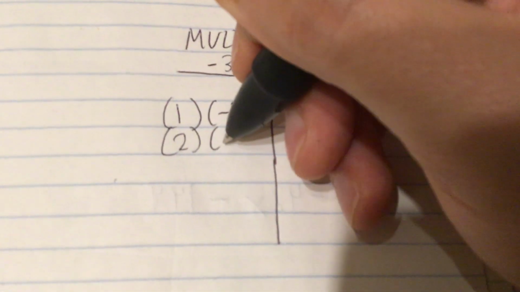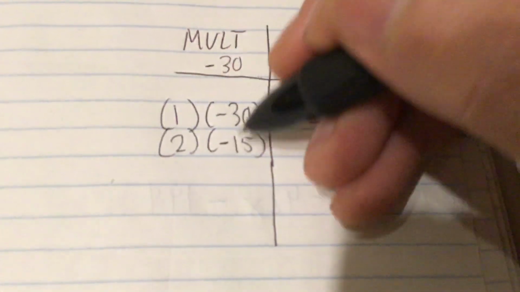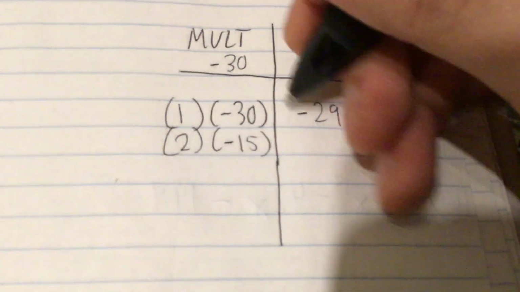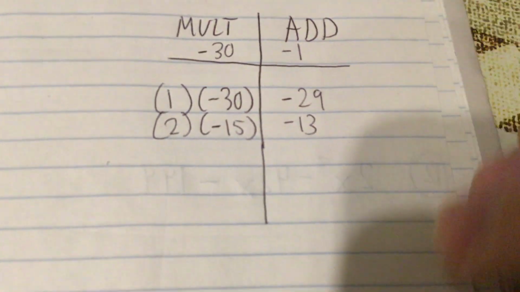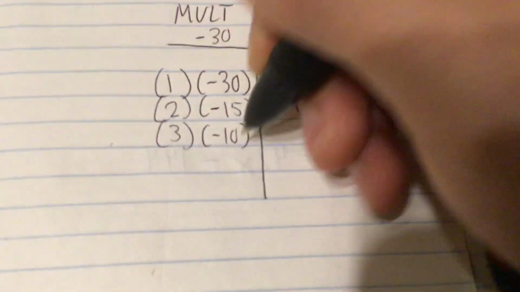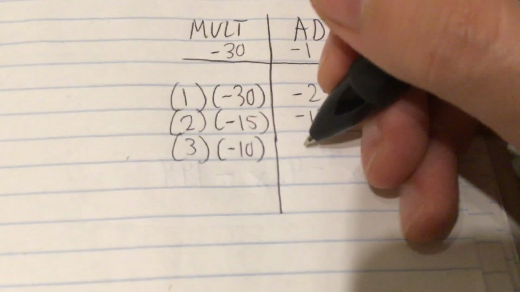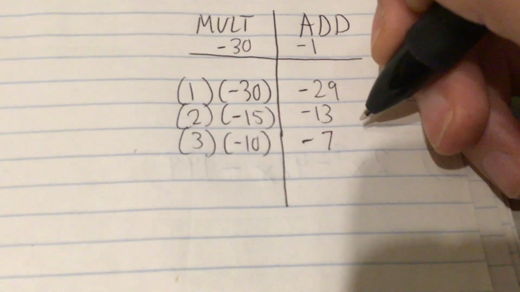Let's try 2. 2 times negative 15 is negative 30, but 2 plus negative 15 is negative 13. Okay, let's try 3. 3 times negative 10 is negative 30. 3 plus negative 10 is negative 7.